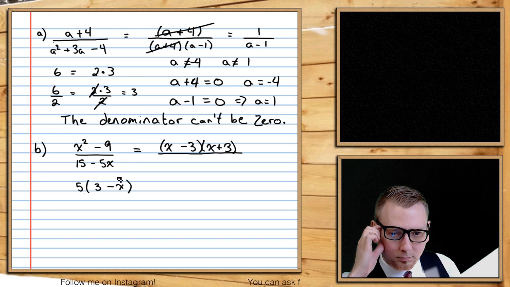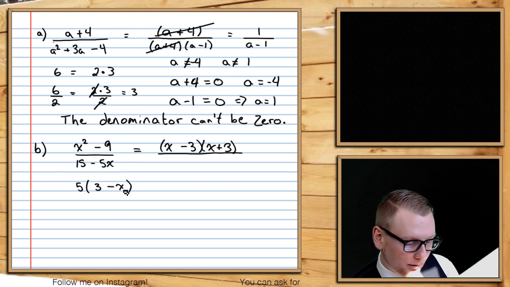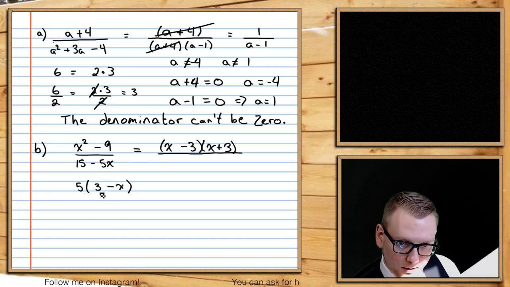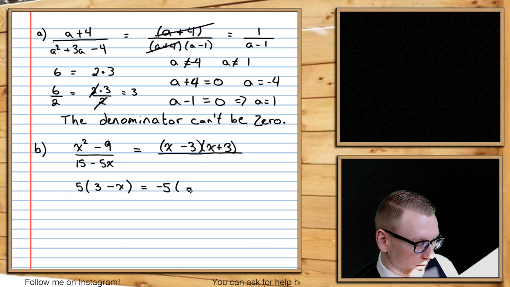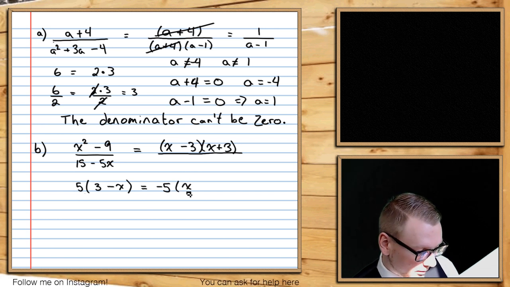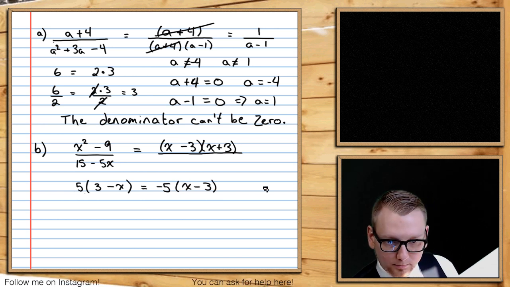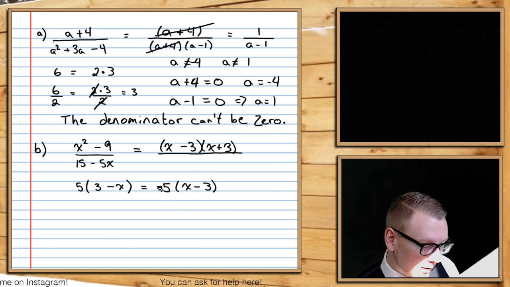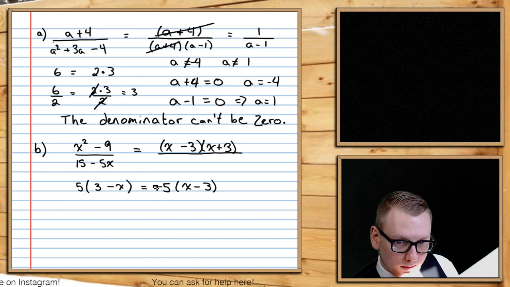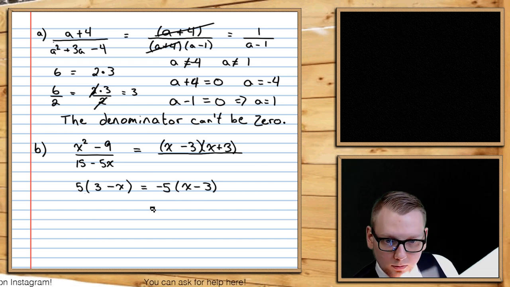Because, yeah, we can't cross it out like that. We need to take out another minus sign from this. So we'll have a minus 5. And if we take out a minus sign, it'll be x minus 3. So do you see how taking out the minus sign will flip the order so that we can now cross it out?